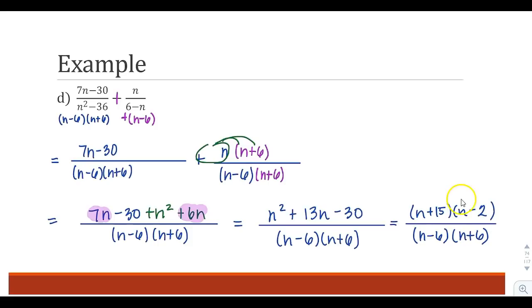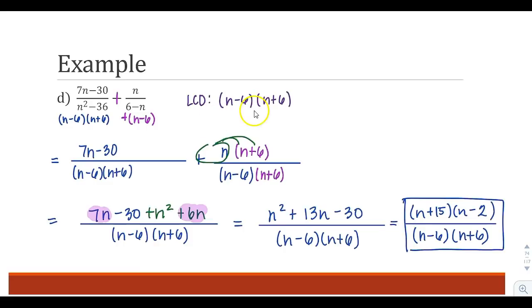So we had to check, but nothing cancels. So this is my final answer. And just to stay consistent, our LCD was n minus 6, n plus 6. So those two factors multiplied together were our LCD.